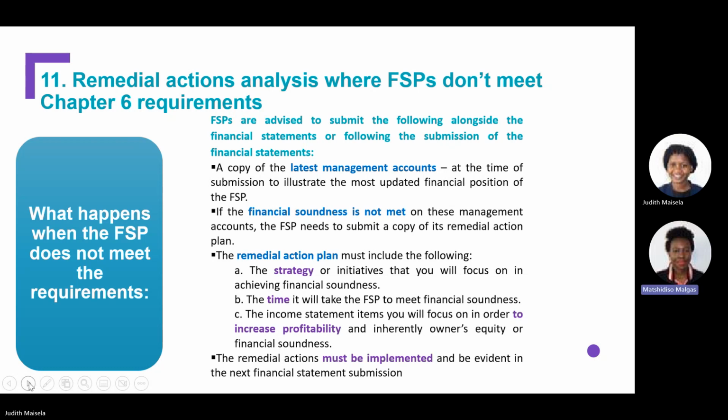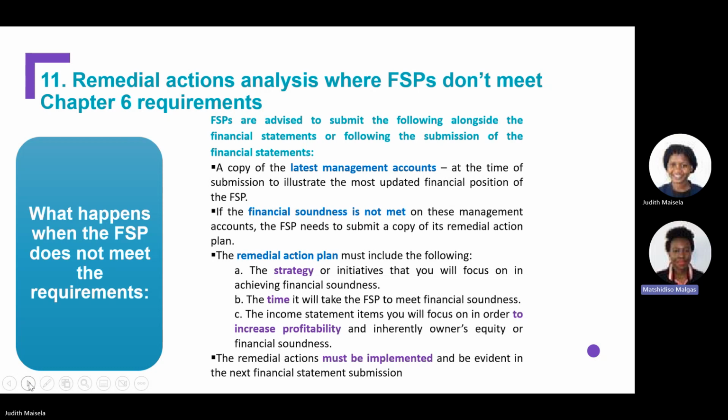So what does the remedial plan include? This plan must include the strategy or initiatives that the FSP will focus on in achieving the financial soundness. As also stated, the timeframes it will take for the FSP to meet the financial soundness, and it must also include the specific income statement items the FSP will focus on in order to increase their profitability and inherently their owner's equity or financial soundness.